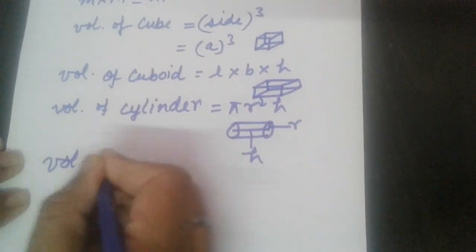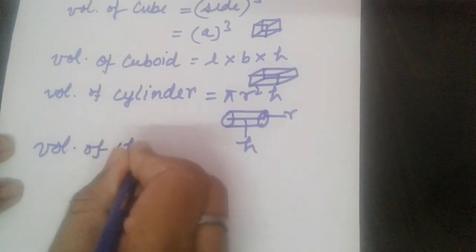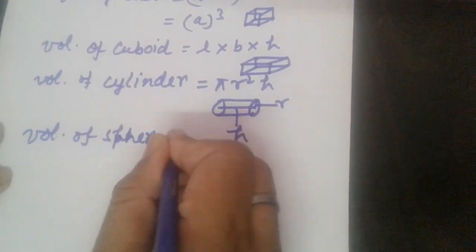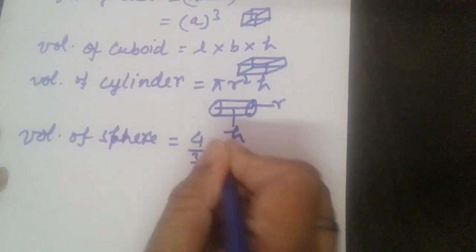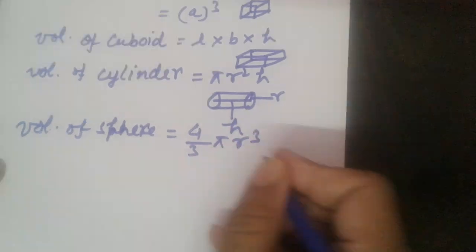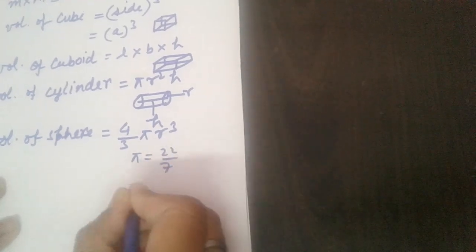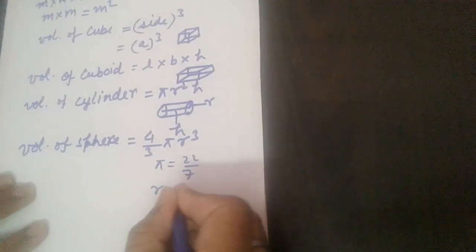Now volume of sphere equals to 4/3 pi r cube, where pi equals to 22/7 and r is the radius.